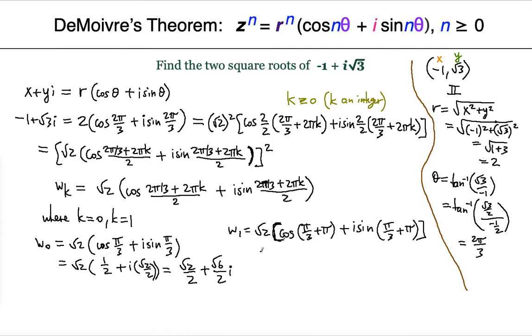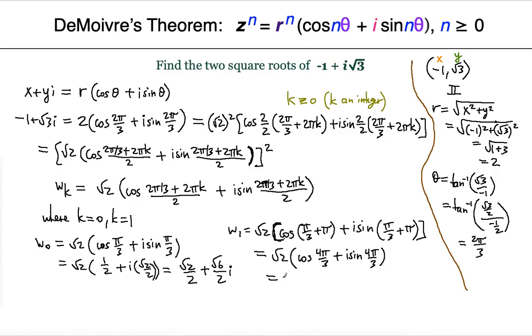Okay, so that's what we get, and as a result, this is equal to what? This is equal to cosine of 4 pi over 3 plus i sine of 4 pi over 3. So this result is what?